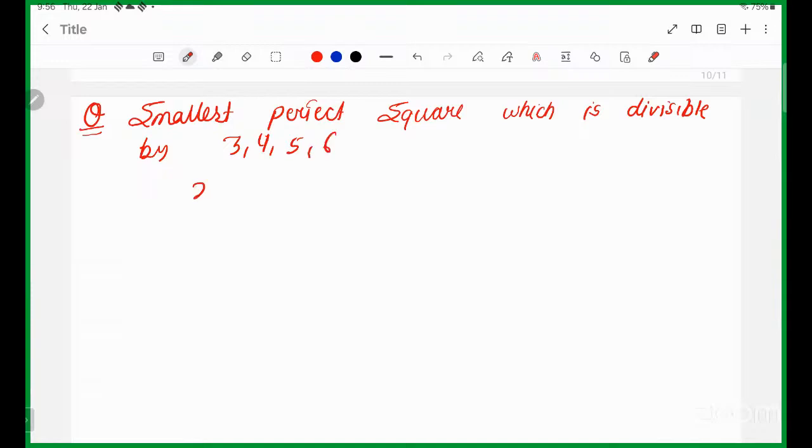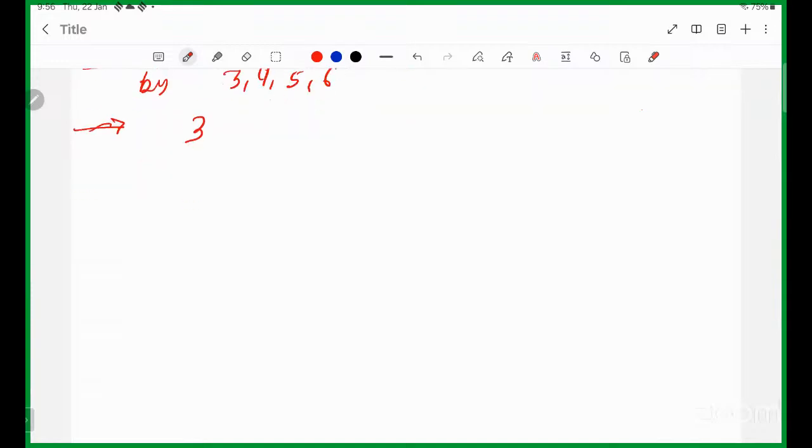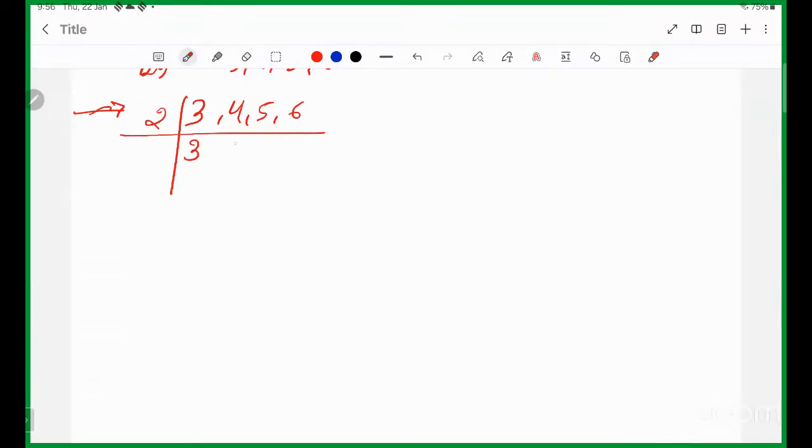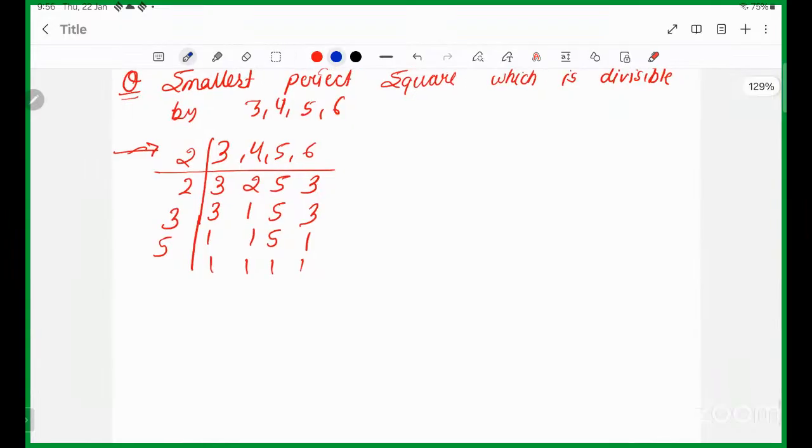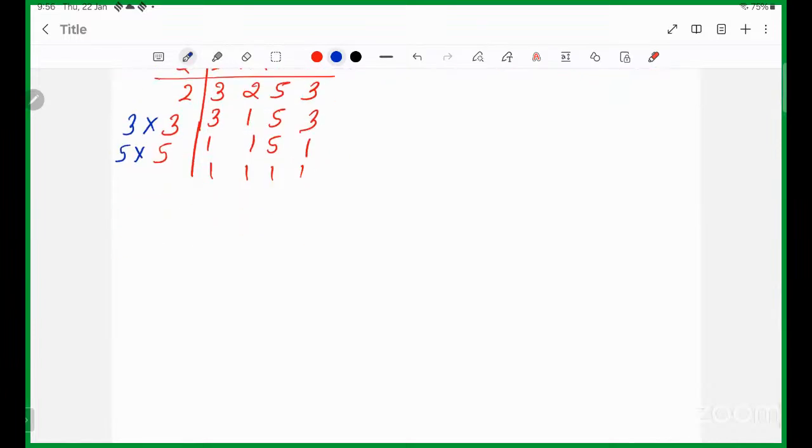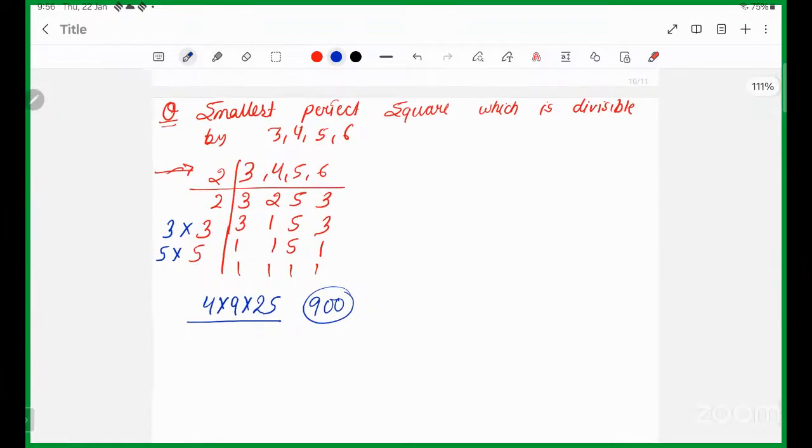To solve these questions, first we will find the LCM. Here we will multiply by the numbers whose pair is not there. 3 doesn't have any pair, so we'll multiply it by 3. 5 doesn't have any pair, so we'll multiply with 5. So here I will get 4 into 9 into 25. So 900 will be the number which is a perfect square and divisible by all.